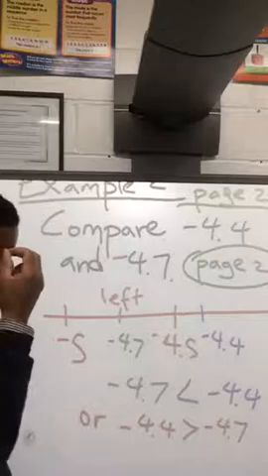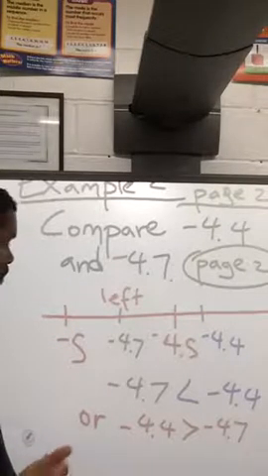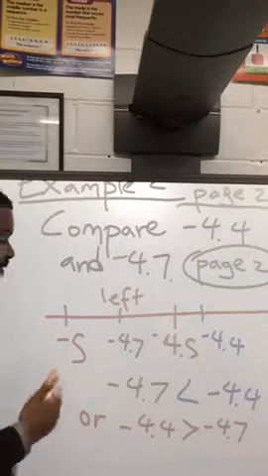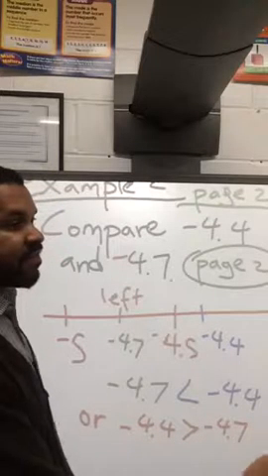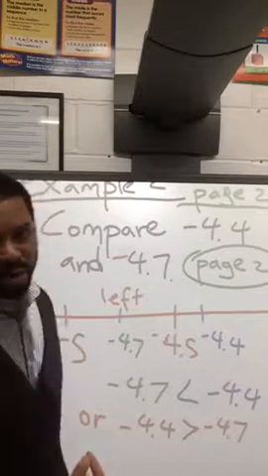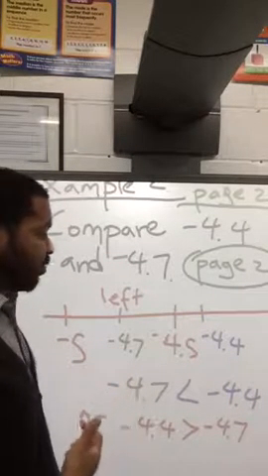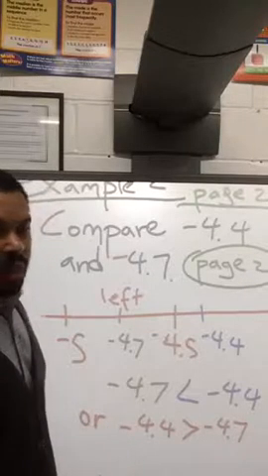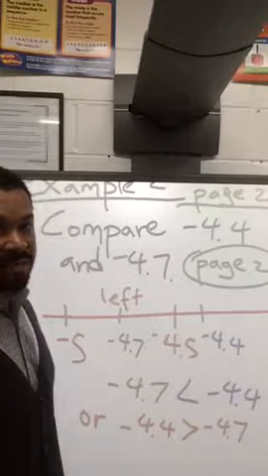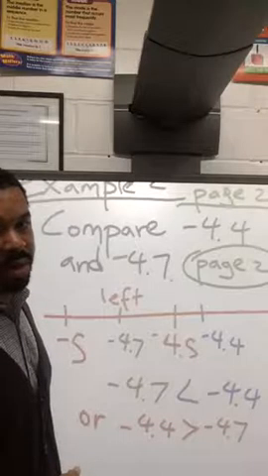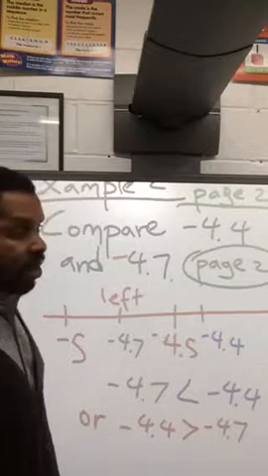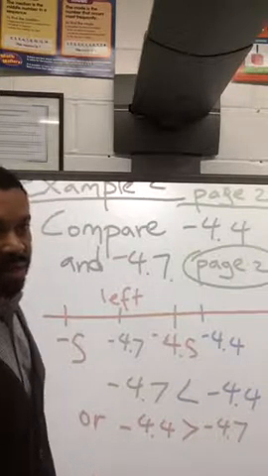And how do I know this is true? Because negative 4.7 is going farther away from 0 than negative 4.4. Negative 4.7 is 4.7 spaces away from 0. Negative 4.4 is 4.4 spaces away from 0.